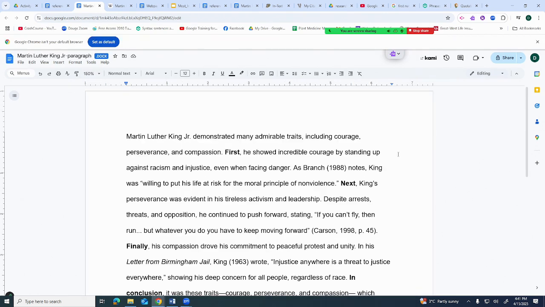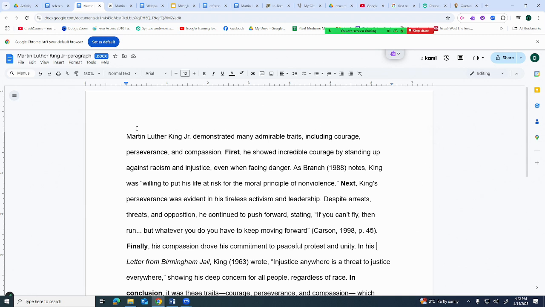All right. Okay, here's my topic sentence. Martin Luther King Jr. demonstrated many admirable traits, including courage, perseverance, and compassion.